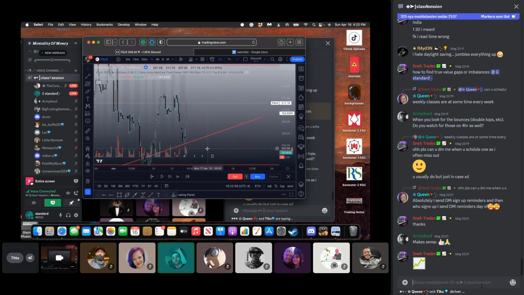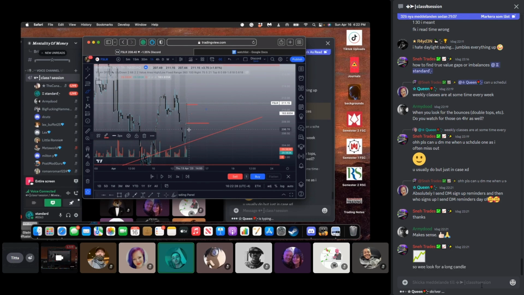Any area that's not so wicked up by previous candles is a fair value gap. So right here to right here is all fair value. It has to be explored still. That's not extremely accurate, but that's basically your fair value gaps 101.